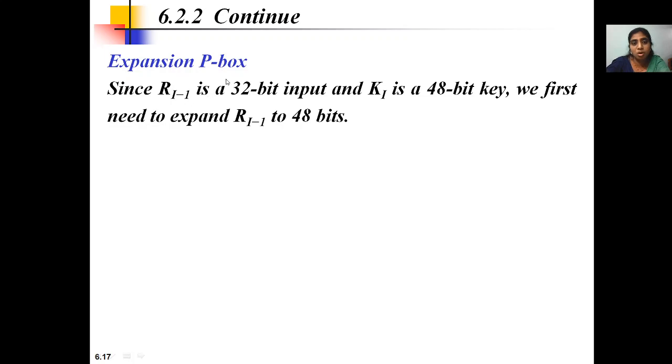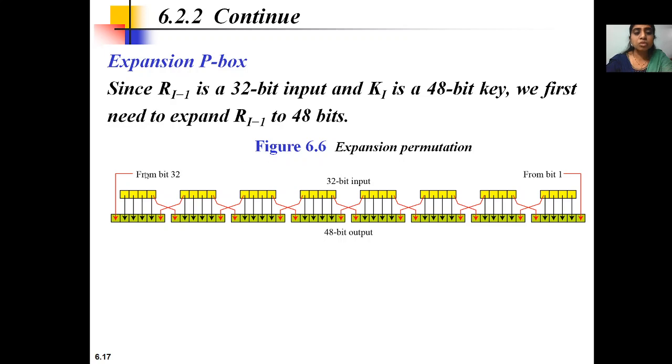So coming to the first function in the round function, that is the expansion P box. We have 32 bits as input and we need to change the 32 bits to 48 bits. So how are we going to expand? These 32 bits are expanded in this manner.